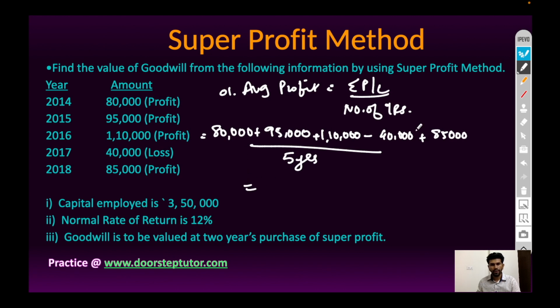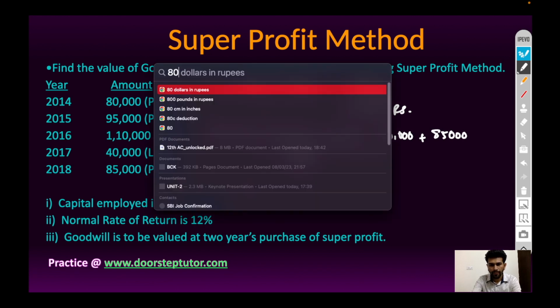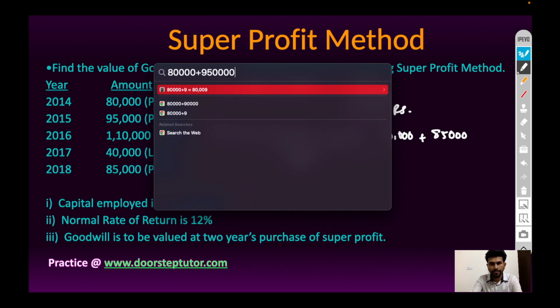So total 80,000 plus 95,000 plus 1,10,000 minus 40,000 plus 85,000.